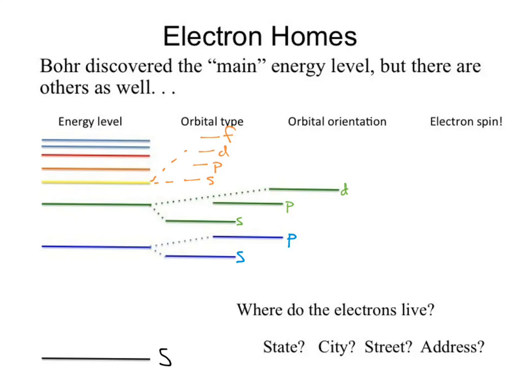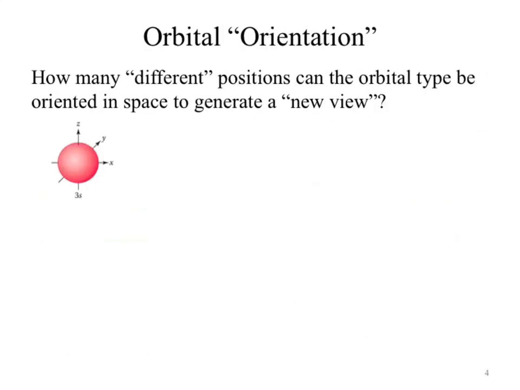So let's go back to our shapes and now move to our orbital orientation. What orbital are we showing here? We have the S orbital. How many S orbitals are possible according to our periodic table? This is an interesting question.